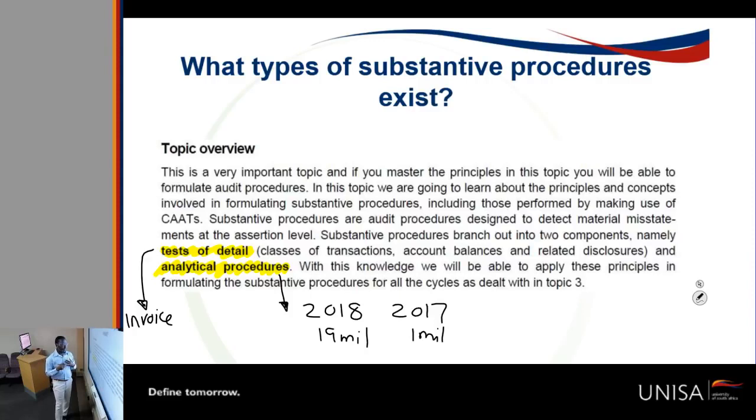So they address many assertions, but they're particularly good at addressing completeness. I hope the distinction between tests of detail and analytical procedures is clear. Let us know if it's not.